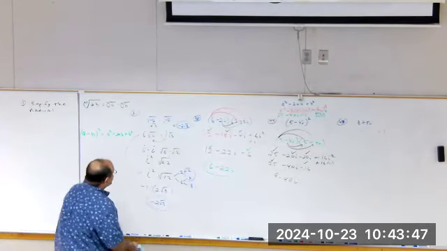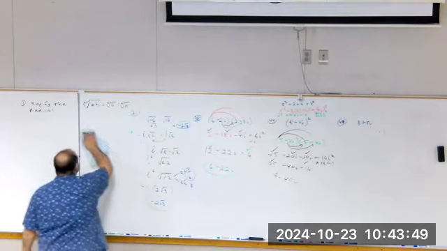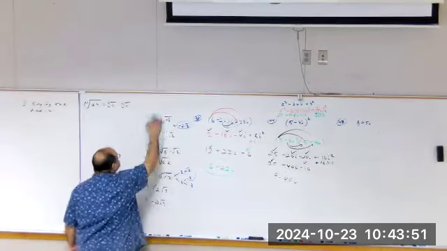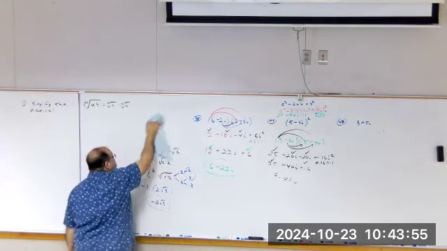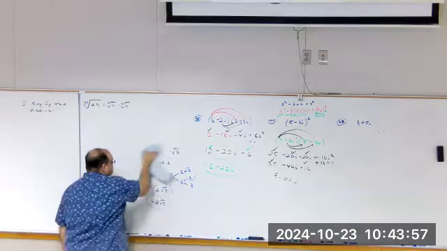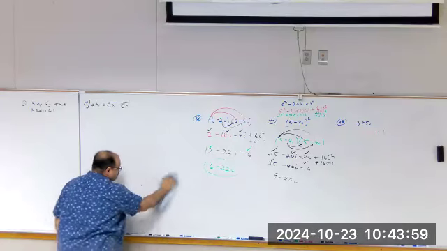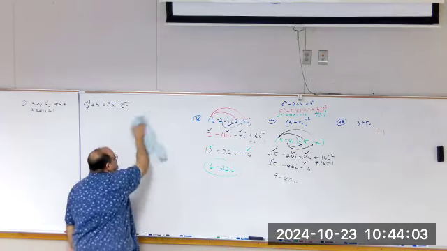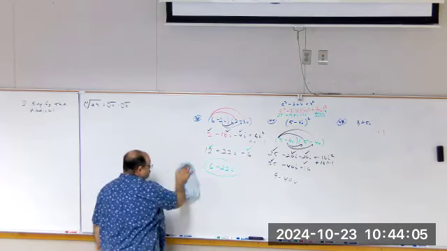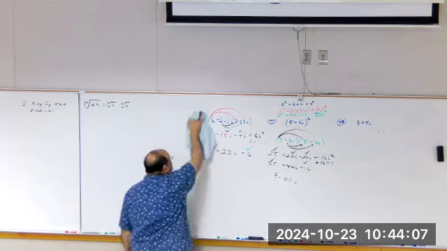Okay. On 48, there are special instructions: put in simplest radical form. What does that mean?